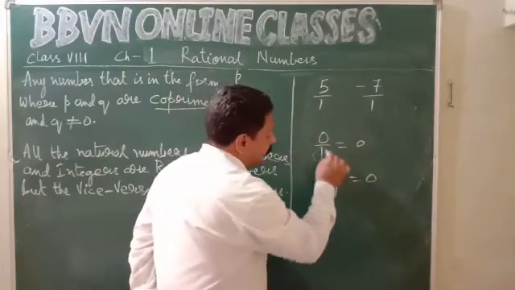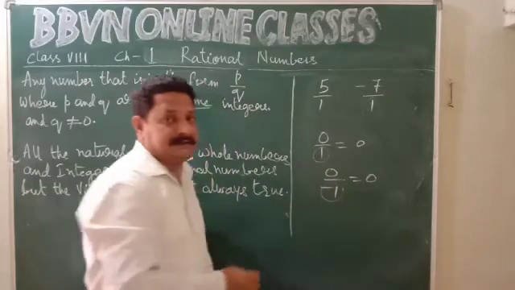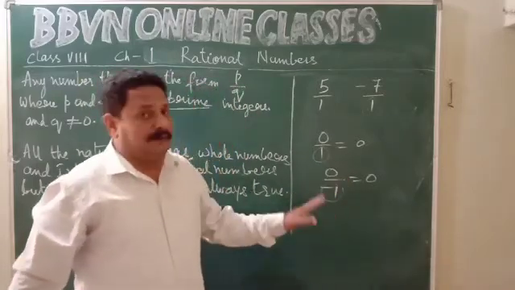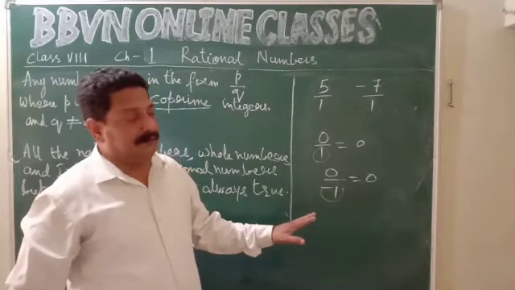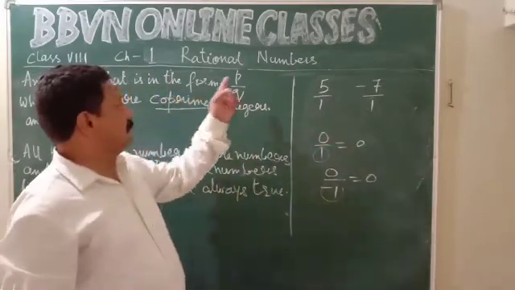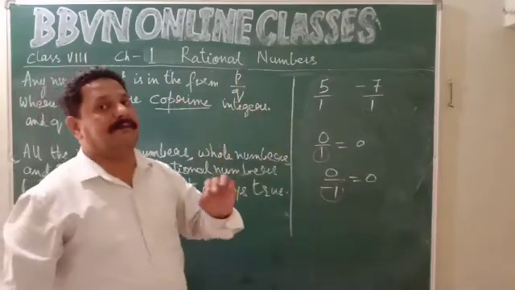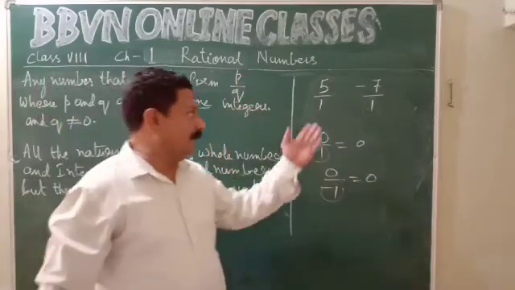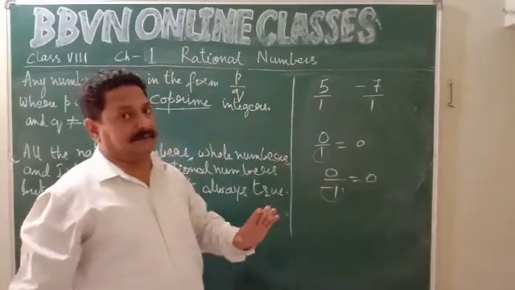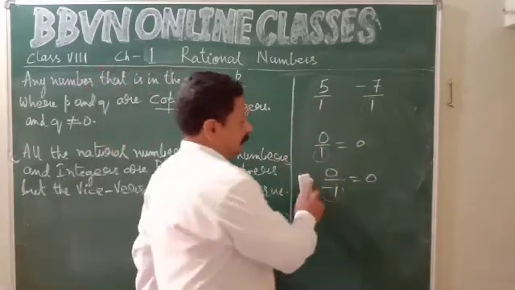You can write any number here. If P is 0, you can write Q as any positive or negative integer. Okay? Because 1 is an integer. The definition says P and Q, they both have to be co-prime integers. 1 is an integer. Right? So 5 upon 1 is a rational number. So you need to understand this in a better manner, children.